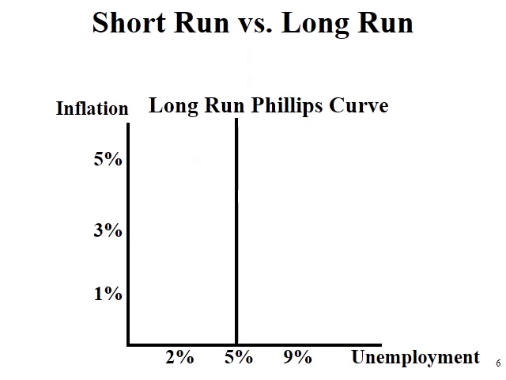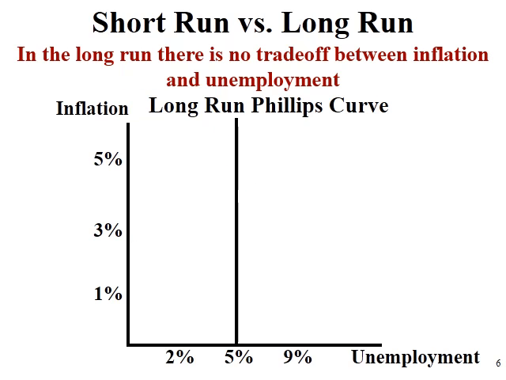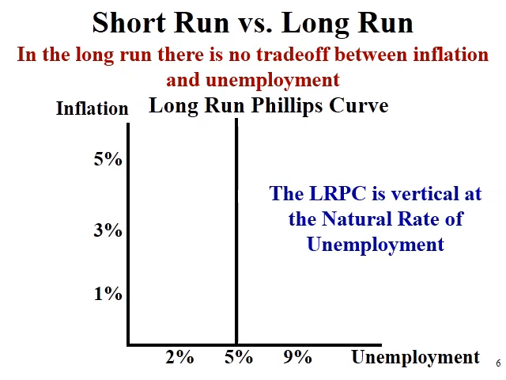What we see is in the long run, there really is no trade-off between inflation and unemployment. Again, we're showing the exact same thing that we've shown on our ADAS graph. On our ADAS graph, our long-run aggregate supply represents a point where unemployment's not going to change, where we're at our potential GDP, we're at full employment, and the only thing that would change at that point is price level or inflation.